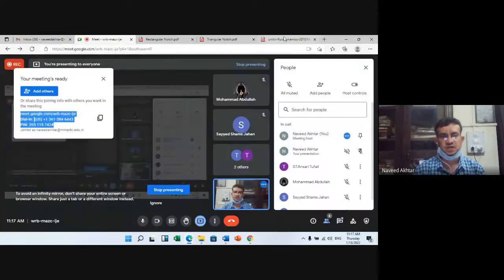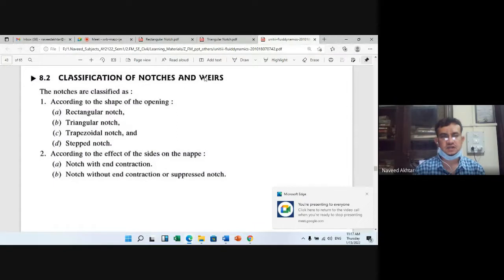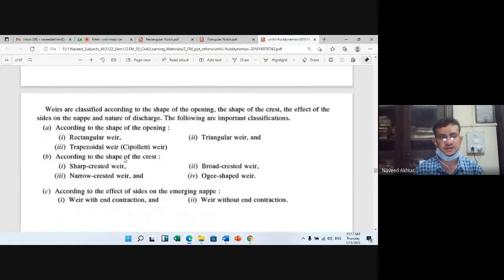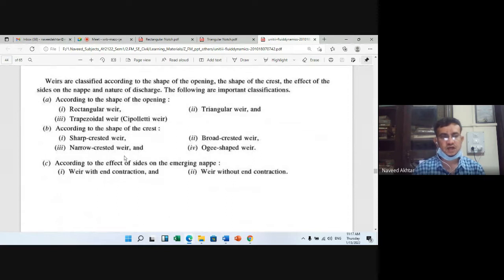According to shape, a weir can be classified as rectangular, triangular, or trapezoidal.